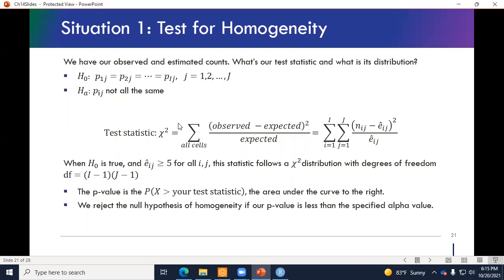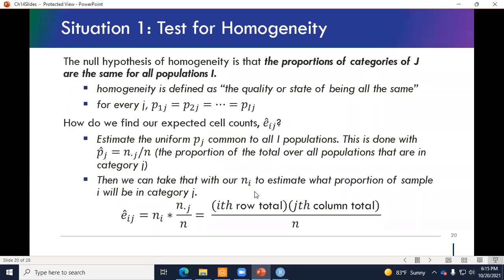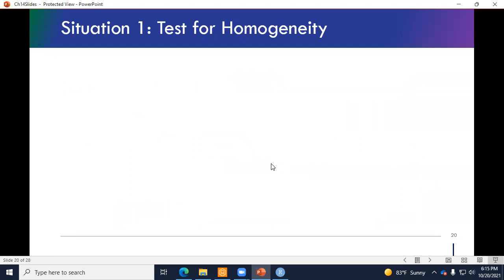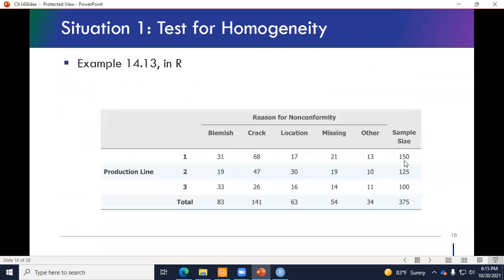And I think we skipped here. So how do we get the expected counts for the ij cell? We use this Ni. You can consider it Ni times Nj divided by N. This Ni is your N1, N2, N3, the Ni's, and this is your Nj's, J equal to 1, 2, 3, 4, 5.